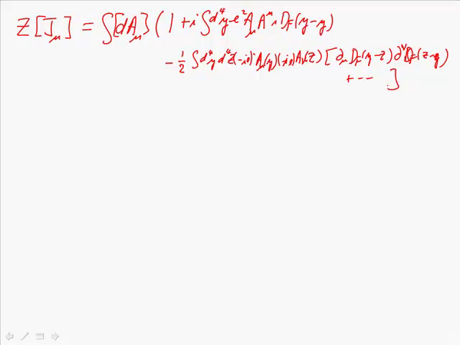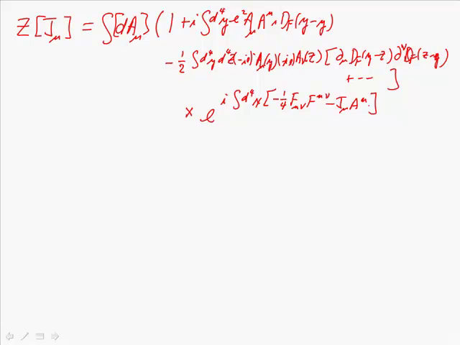Okay, and all this gets still multiplied by the part that depends on A, which is e to the i integral d4x minus a quarter f mu nu minus j mu A mu.